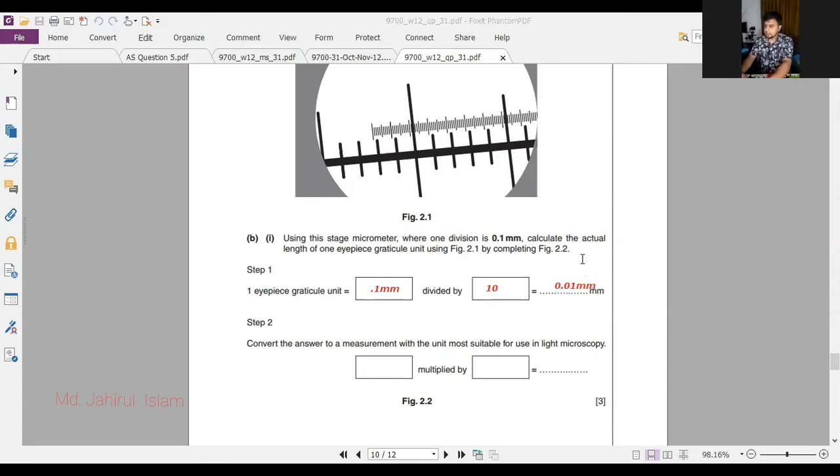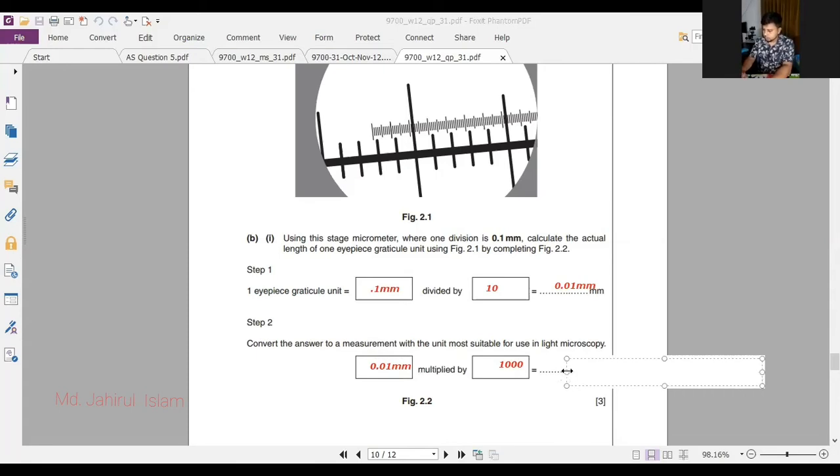Then you need to convert it from millimeter to micrometer. 0.01 millimeter will be multiplied by 1000. You already know micrometer. So I'm going to convert it to micrometer.